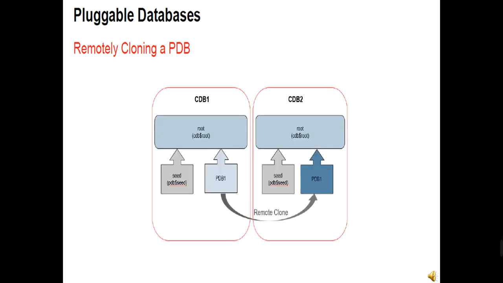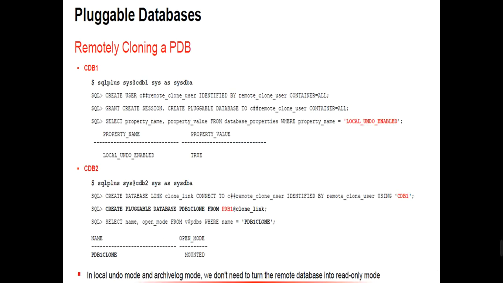Remotely cloning a PDB. One CDB is running on the source server. What do we need to do? We need to create the cloning common user: create user remote_clone_user identified by remote_clone_user container all.